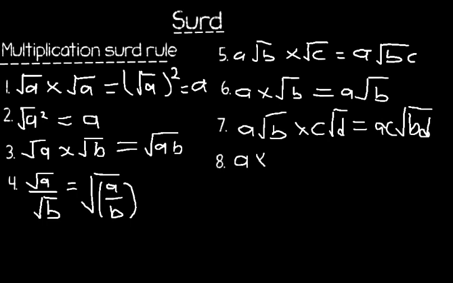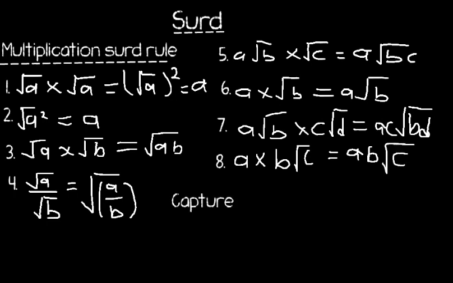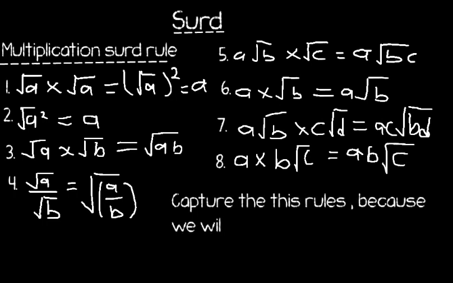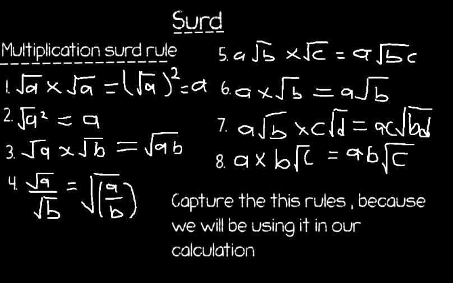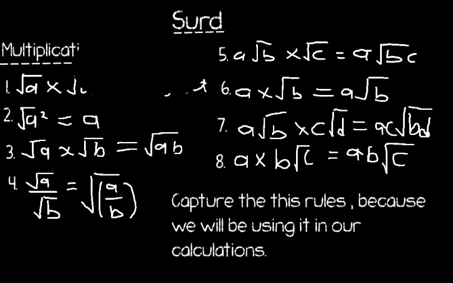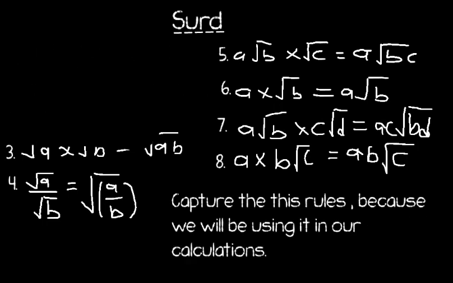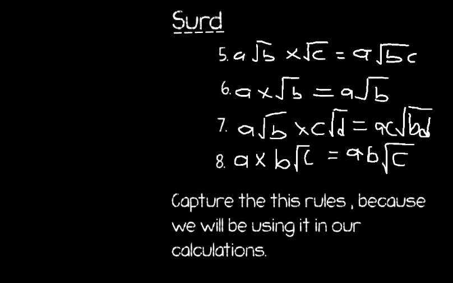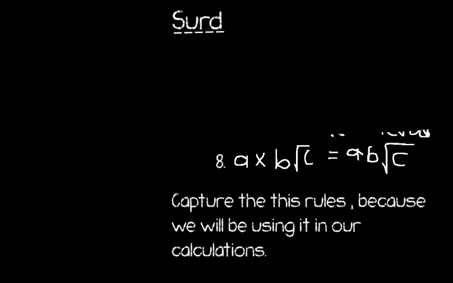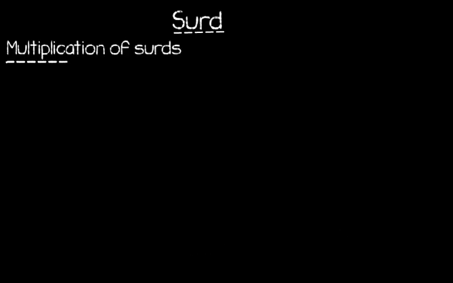Multiplication of surds, illustrative example. Expand and simplify the following surds. The first one is bracket open, root 3 minus 1, bracket close, another bracket open, 2 minus root 3, bracket close. You take the first bracket, remove the first figure from it, and multiply it through the second bracket.